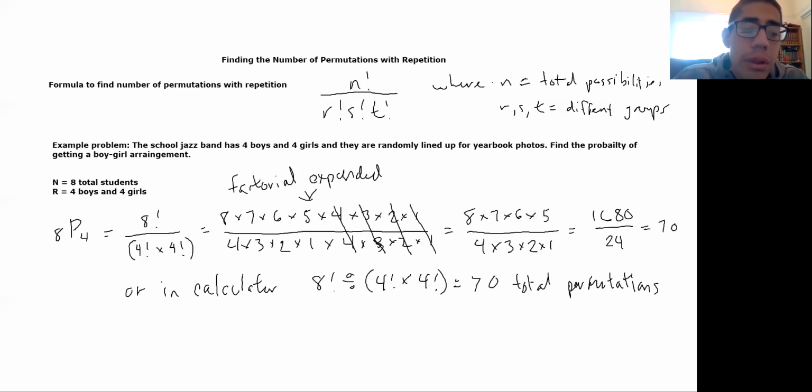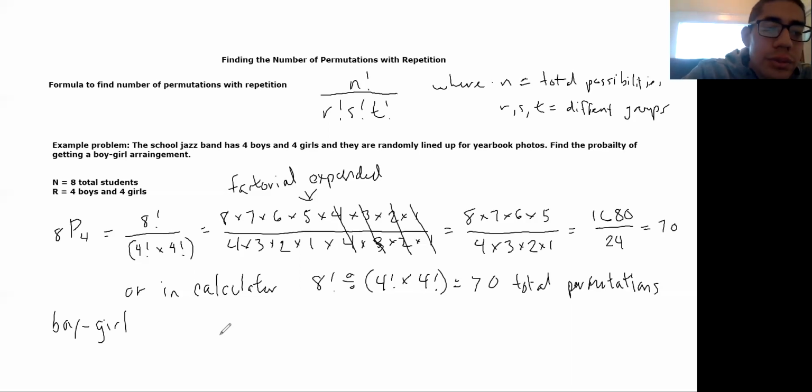So depending on what they're asking us, we could do a couple different things, right? Let's say we were trying to find the probability of getting a boy-girl alternate arrangement. What is the chance of getting a boy-girl alternate arrangement? We need to find out the possibility of a boy-girl order.